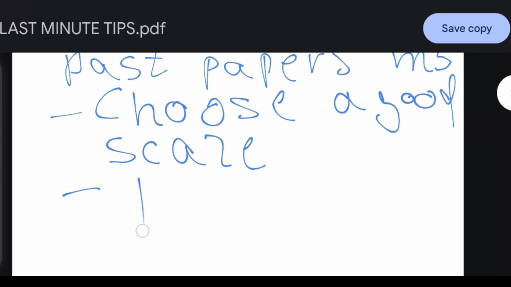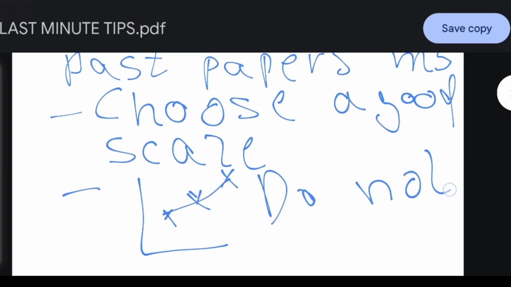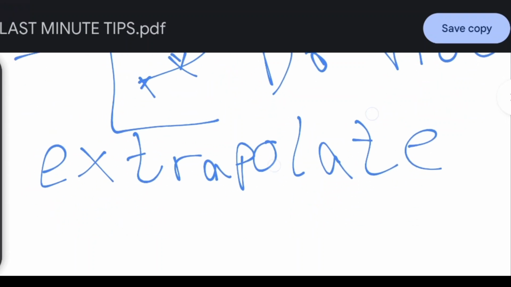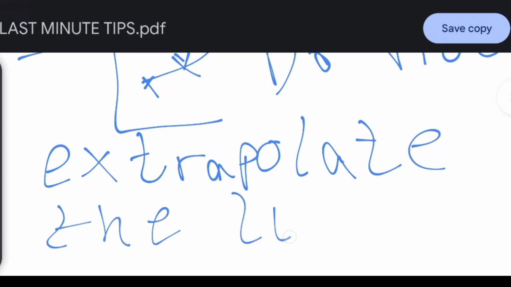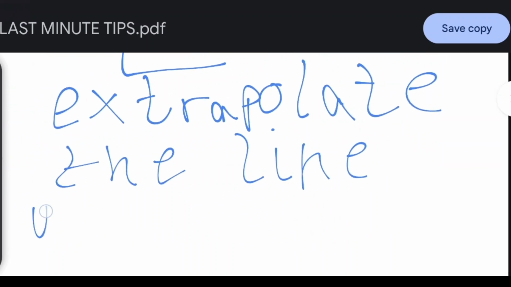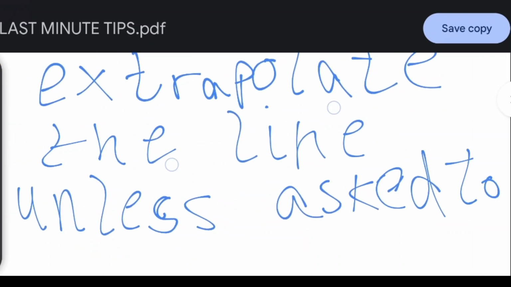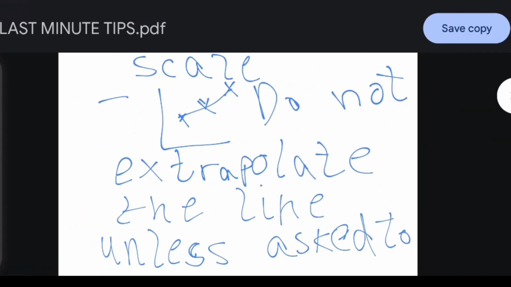Then next thing, many people think that when you draw the graph and you get points, like if you get 3 points, you should extend the line. Do not extrapolate the line unless asked to, because in the candidate responses, none of the students have extended the line.